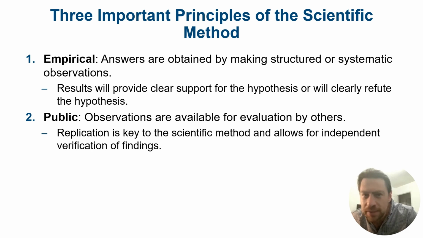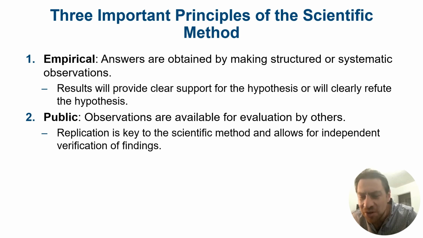Number 2, science is public, meaning everything you do has to be made transparent to other members of the scientific community and the public, such that people can evaluate your work and know exactly what you did to get your results. You can't have any secrets. You can't ask people to take your word for it.